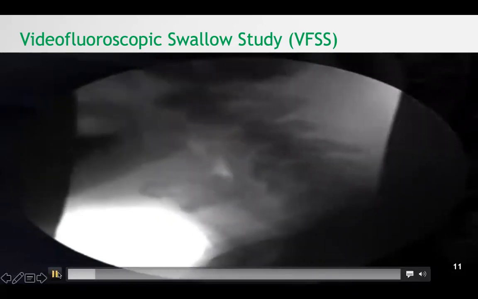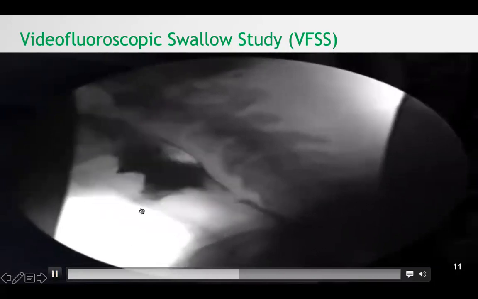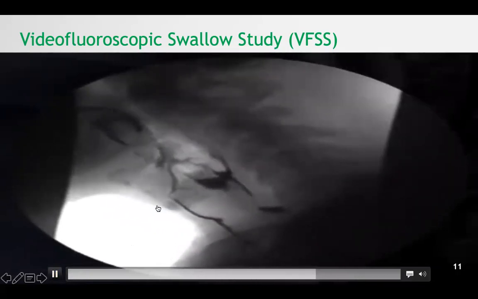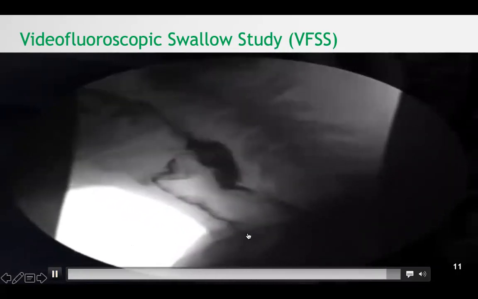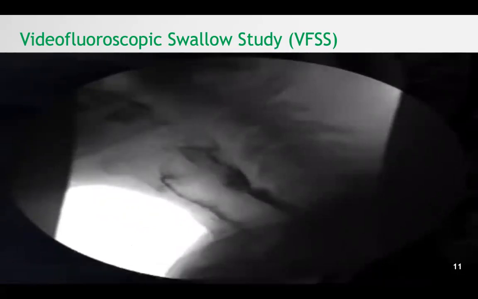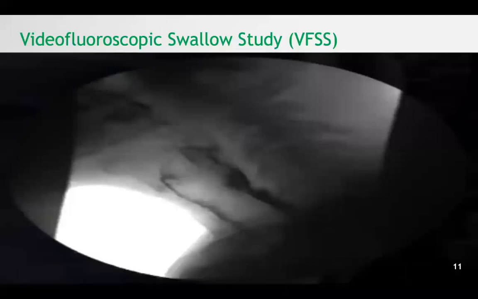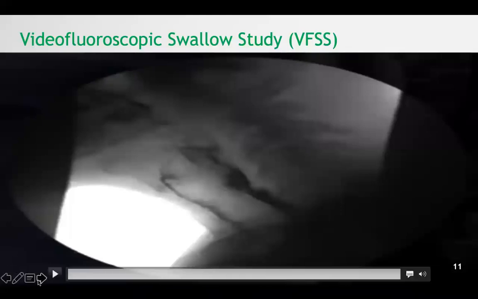But if you continue watching, you can see right in this area, the individual actually aspirated. So that liquid went into the lungs, and they didn't cough or anything, which means that in some individuals, if they do aspirate, they might not necessarily cough and we might not know. But if they do aspirate, there is a risk for certain issues like aspiration pneumonia, and we will talk about that later.